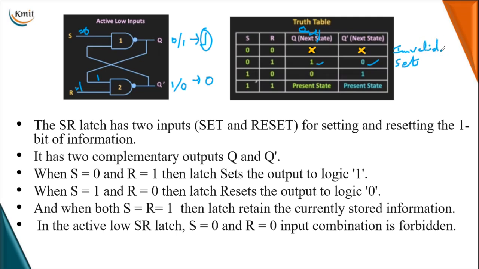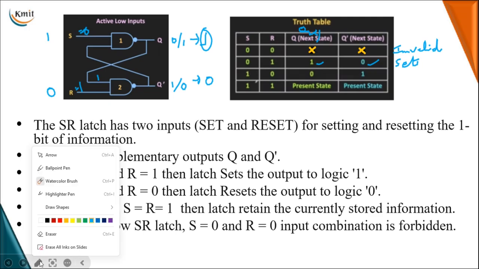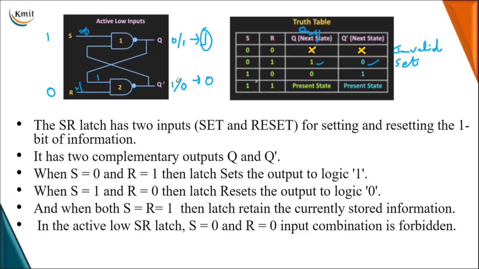Next, if my inputs are 1, 0: set input is 1, reset input is 0. In such cases, since your reset input is 0, your second NAND gate output will transfer, whether it is 0 to 1 or 1 to 0, to logical 1.